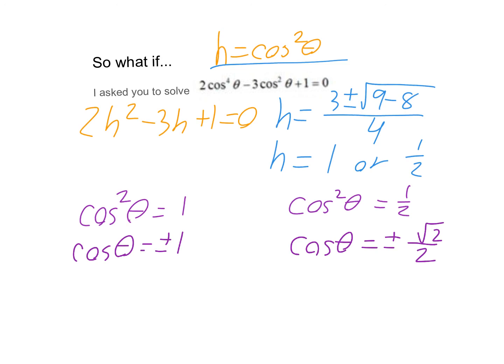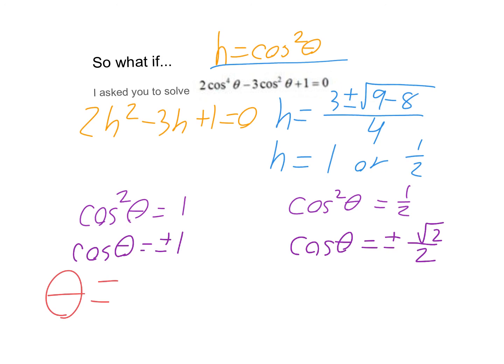Well, now I need to look at my unit circle and figure out for what values of theta am I going to get a positive 1, a negative 1, a positive root 2 over 2, or a negative root 2 over 2. And this is going to occur at 6 places.